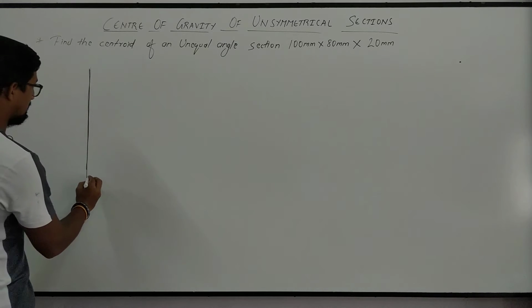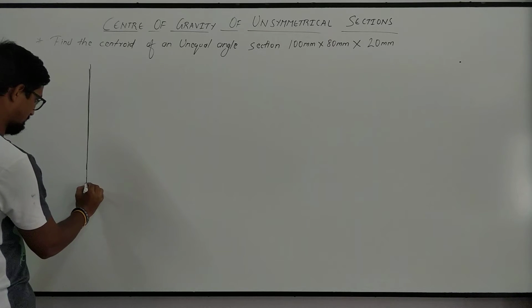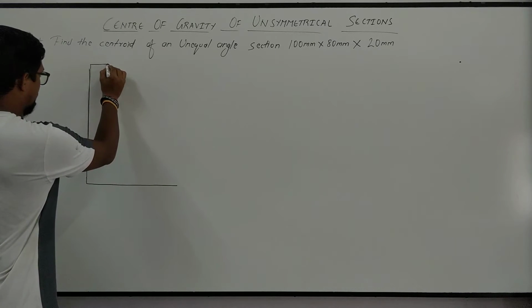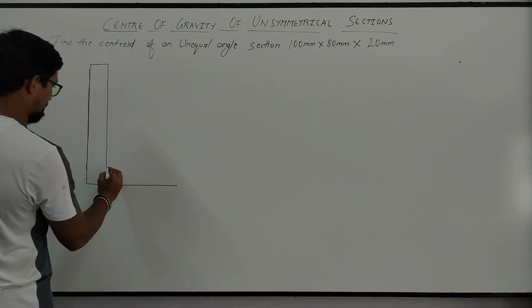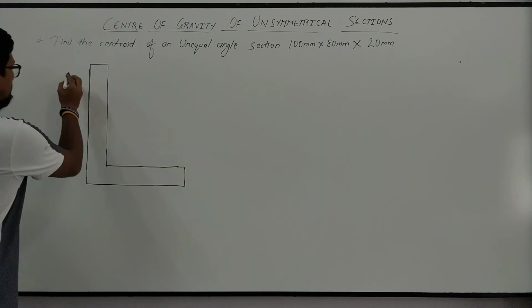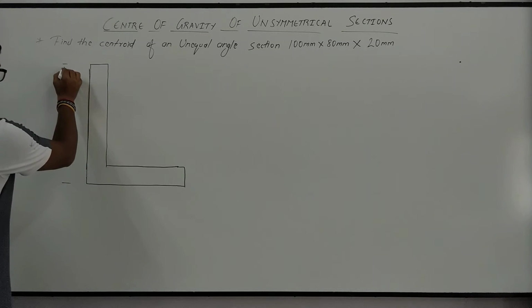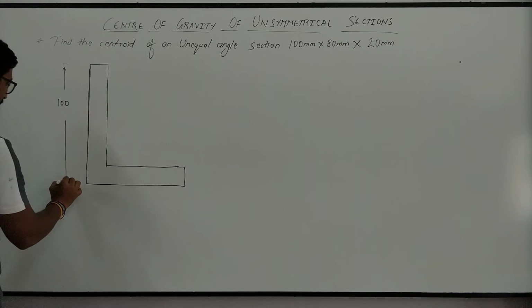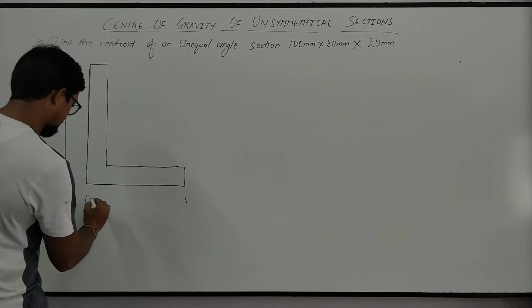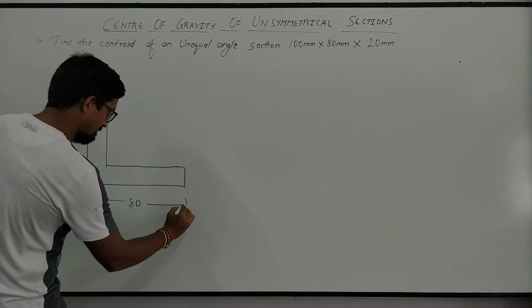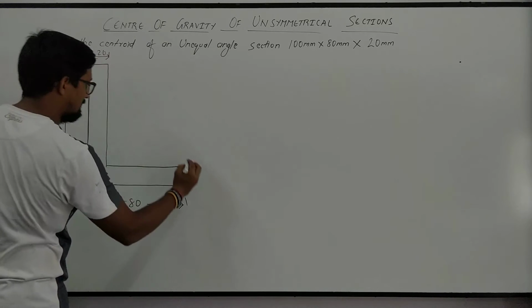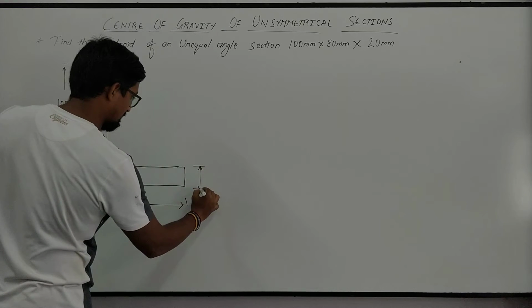80 mm and by 20 mm. So this is 100, all dimensions are in mm, so I am not writing the mm. 80 mm, so this is 80 mm, 20 mm, 20, 20.